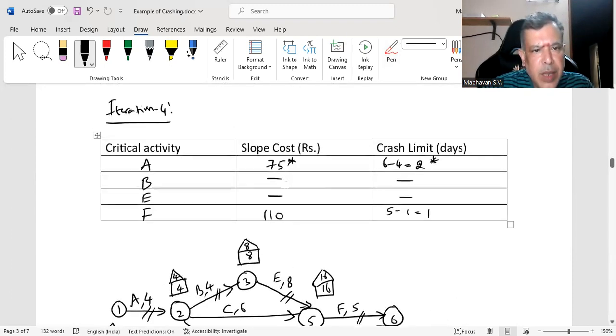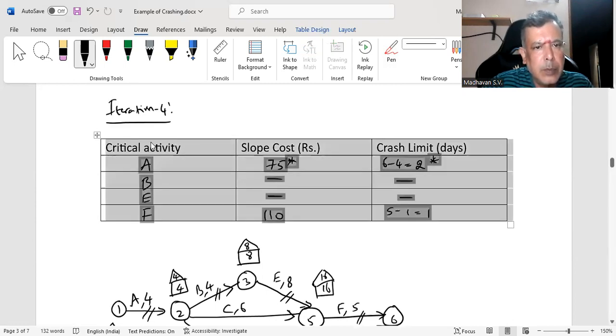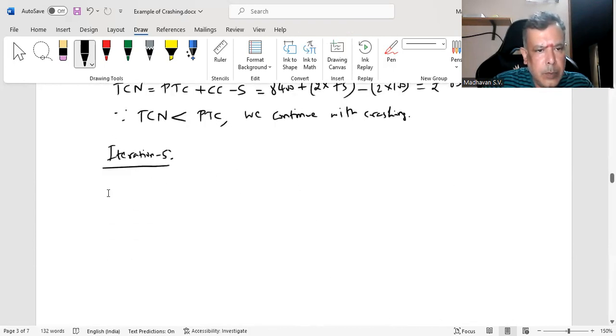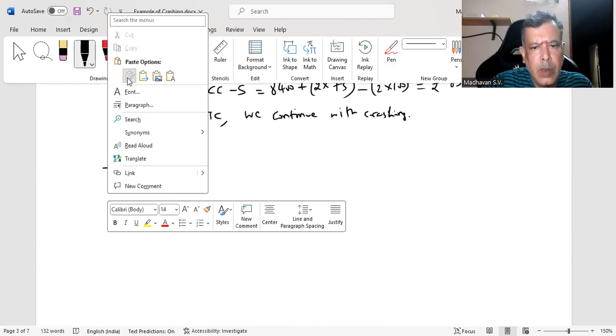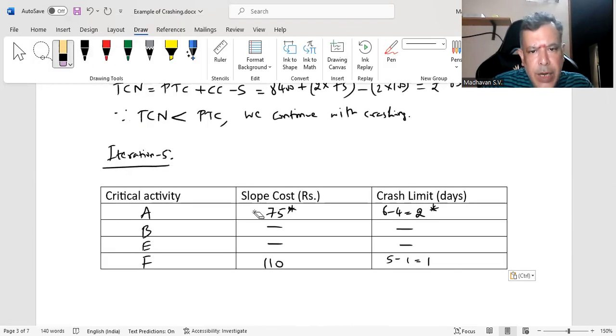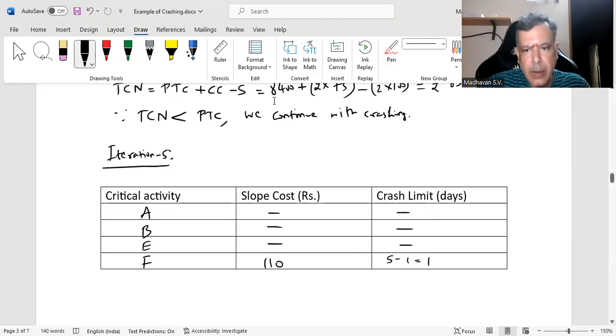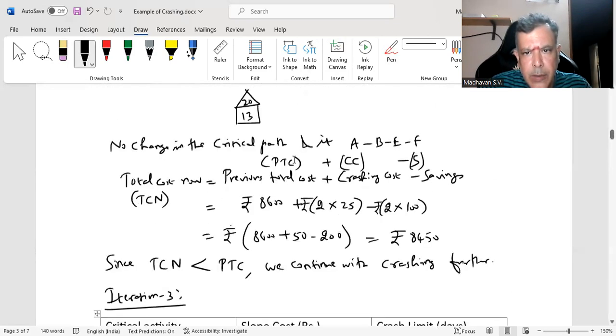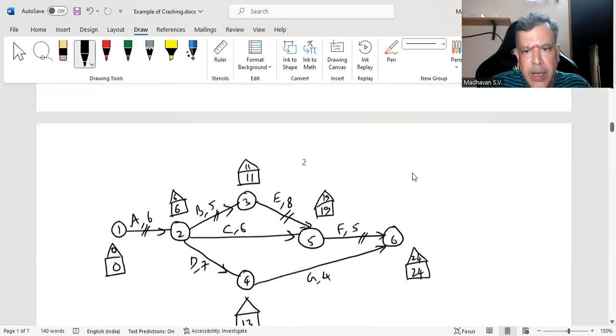Now I will copy this table. We already crashed activity A fully 2 days. So I will rub this, put a dash instead. Is this actually something wrong? 5 minus 4.